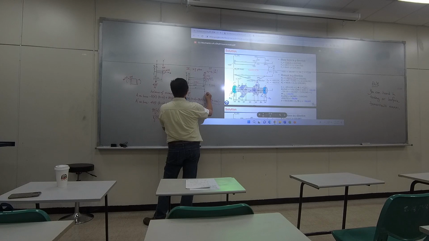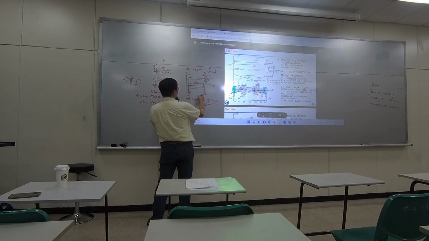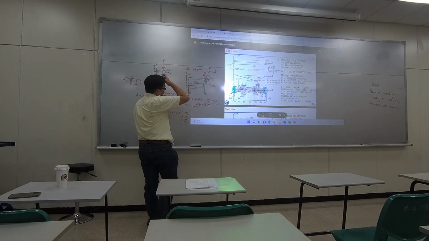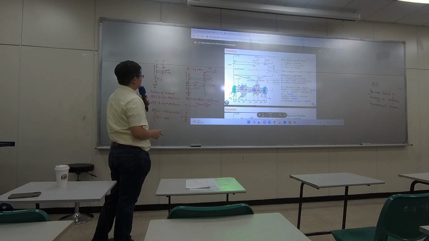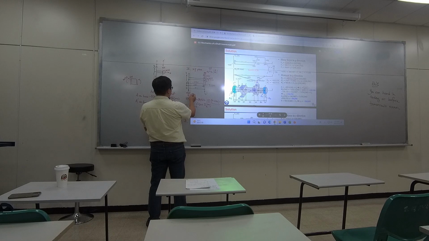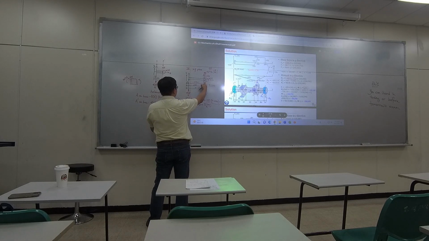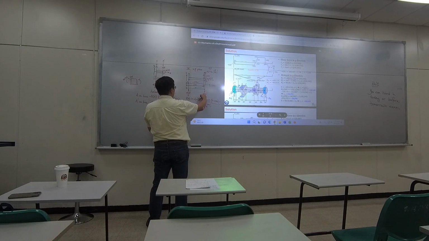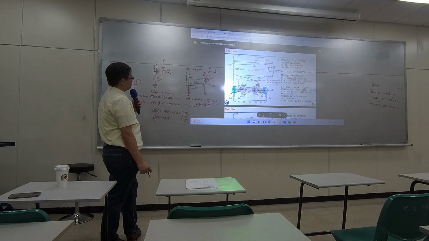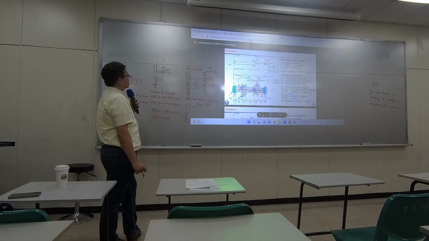So I'm calling this point D prime, okay? This is D prime. So D prime as base. Maybe my equations will be shorter. So in total, Vx doesn't form a moment with respect to the D prime base.